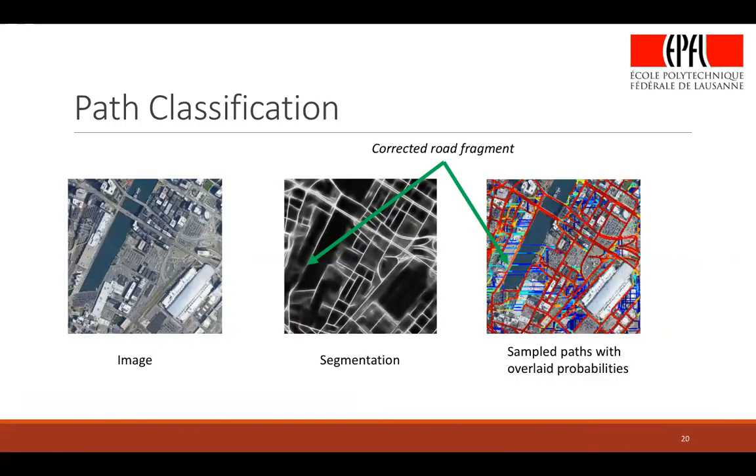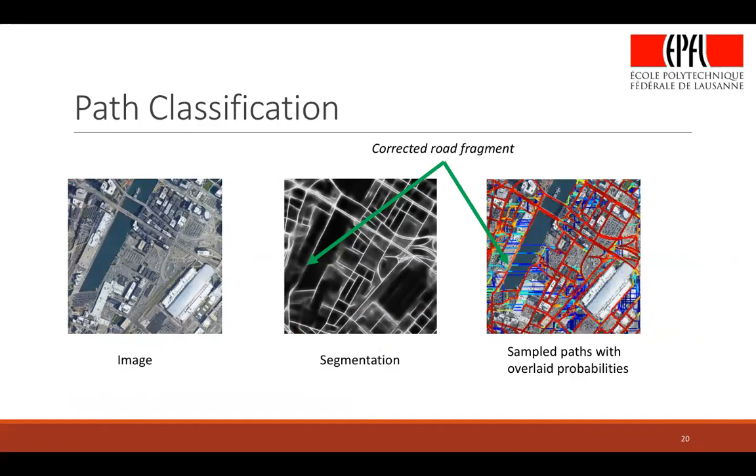And here we have an example of how this path classification may help. So we have an image. On the left, in the middle, we have a segmentation that is not perfect. As you can see, some things are missing, some connections. But if we sample a lot of paths, as you can see on the right, and we assign probabilities to those paths, some of those mistakes can be corrected.